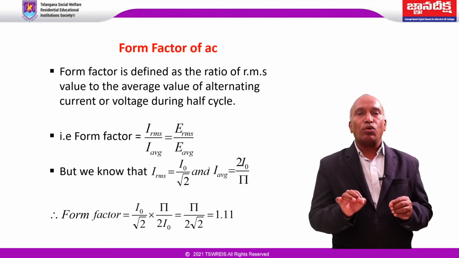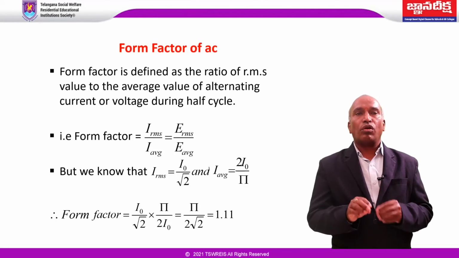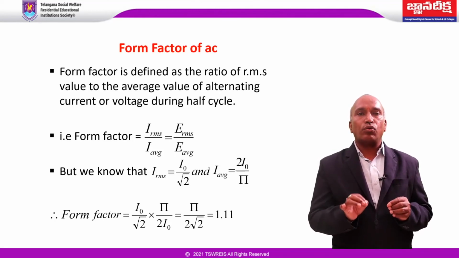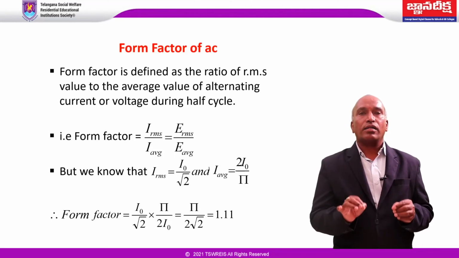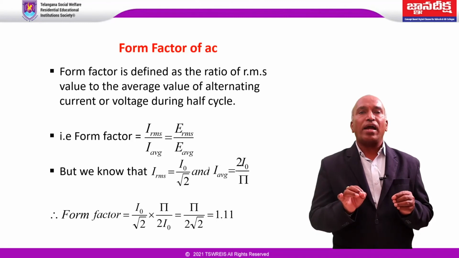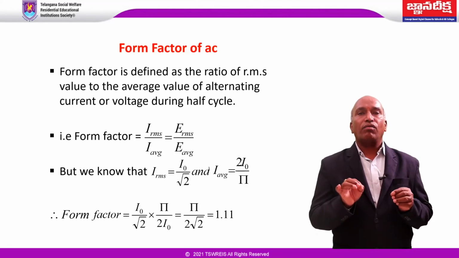But we know that I RMS is equal to I naught by root 2 and I average is equal to 2 I naught by pi. Therefore, form factor is equal to I naught by root 2 into pi by 2 I naught, that is equal to pi by 2 root 2, that is equal to 1.11.